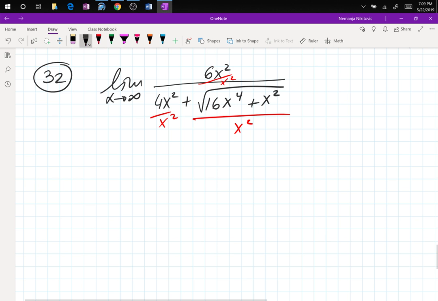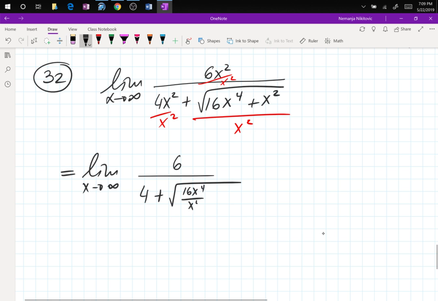Great. When you stuff a variable in the square root, it picks up a power. So we had 6 over 4 plus the square root of 16x to the 4 divided by x to the 4, plus x squared divided by x to the 4, when you stuff x squared inside.